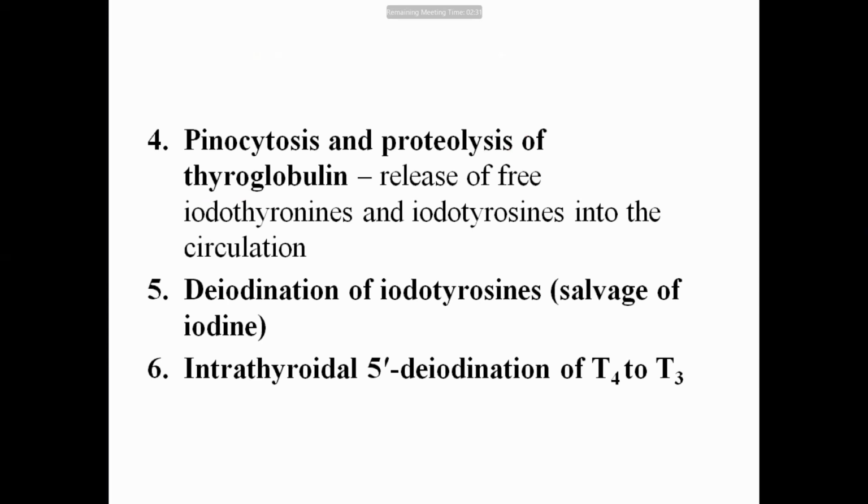After formation of these iodothyronines and iodotyrosines in the follicular lumen, these are released into the circulation. The next step, the fourth overall, is also called the storage and secretion of the thyroid hormones. And fifth is the deiodination of iodotyrosines.